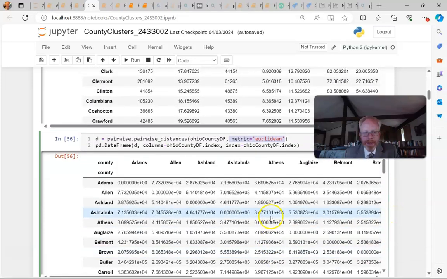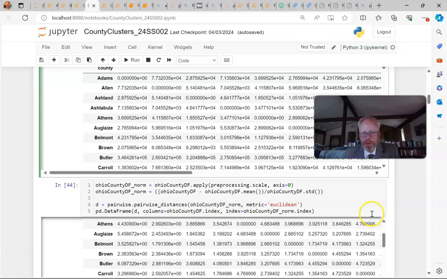Okay, I see a lot of these have an exponential value to them, and I realize that if I'm going to compute distances, I really should normalize first. And remember what normalize means is we take the mean of each column, we take each individual value and subtract that mean. And what that does is that resets the mean to 0. Then we divide by standard deviation.